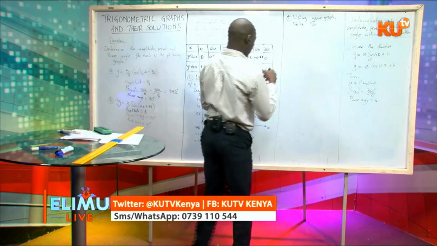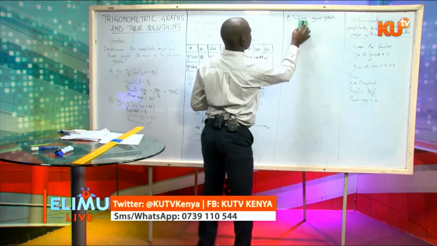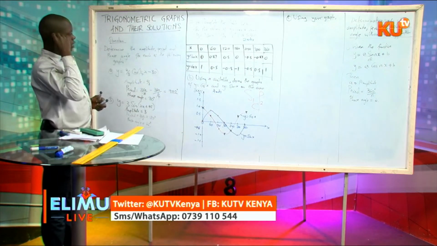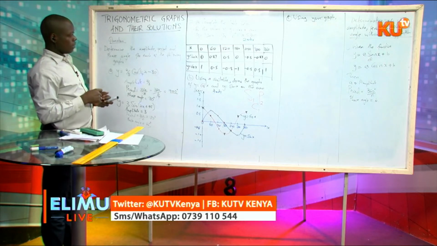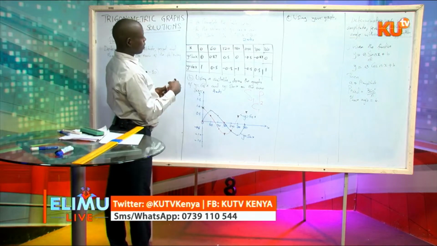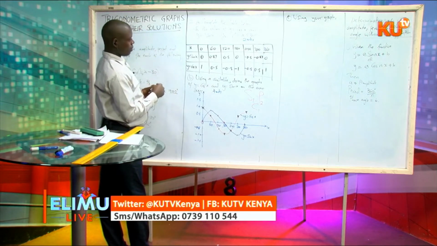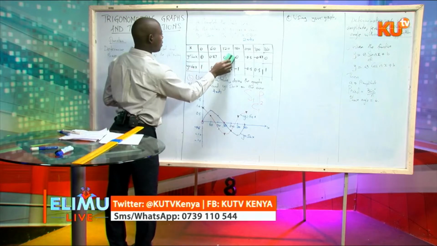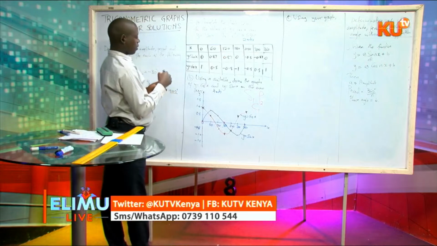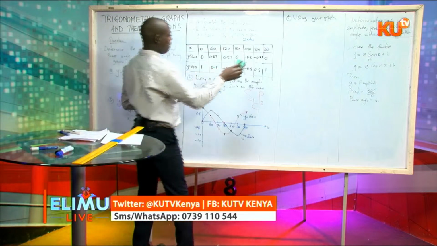sin x. sin 60, 120 is 0.87. sin 240 is negative 0.87.